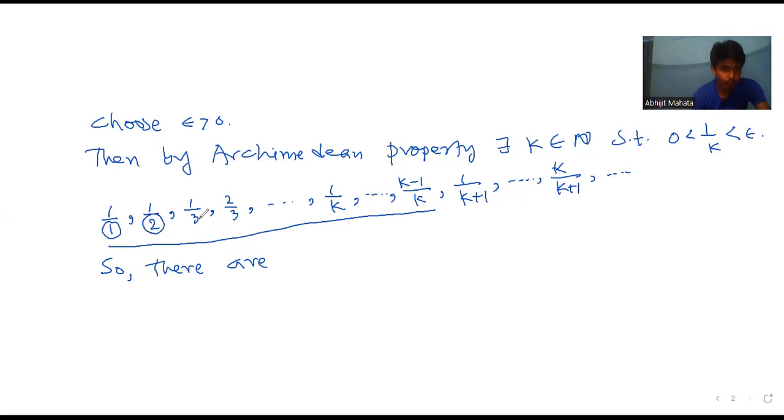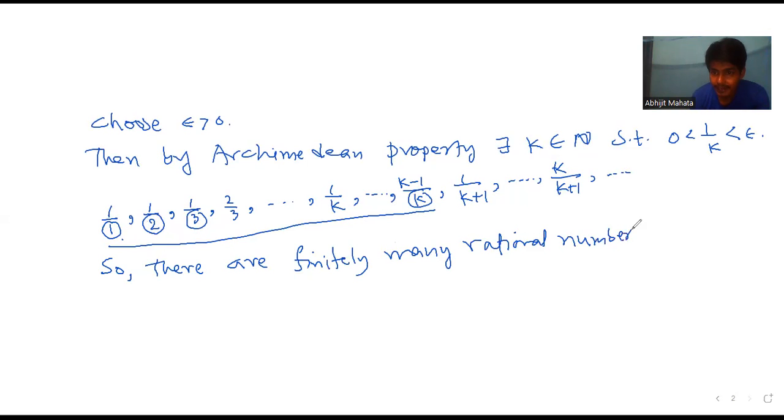This is 1, this is 2, this is 3, and this is k. So there are finitely many rational numbers. This is the main idea behind the proof of this question.